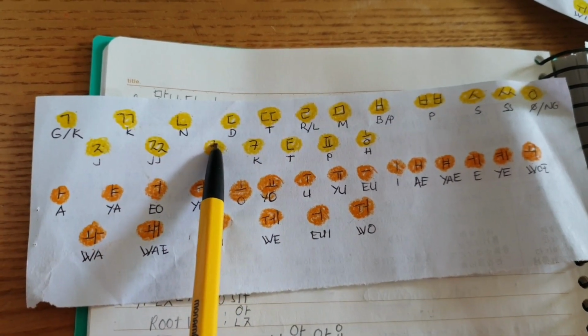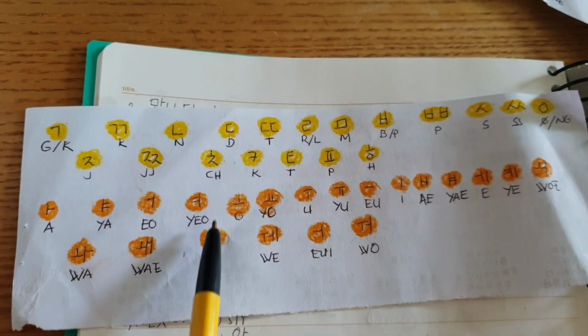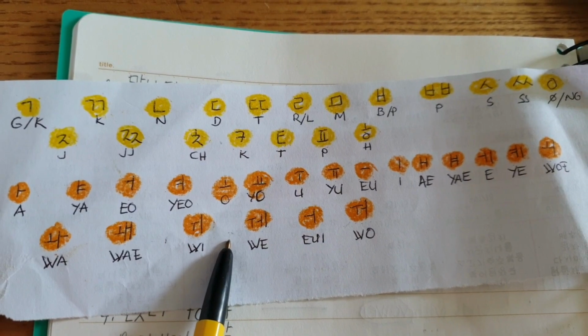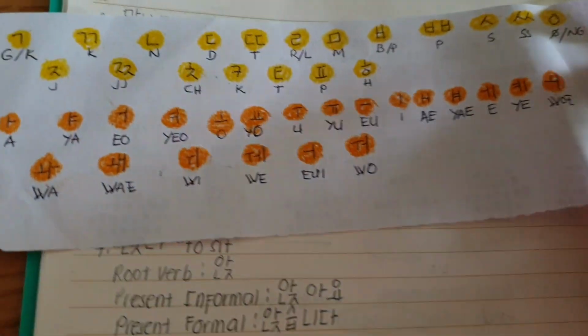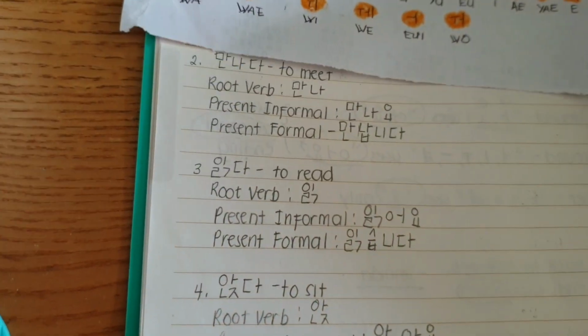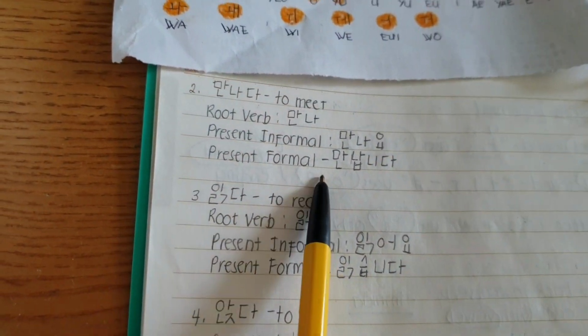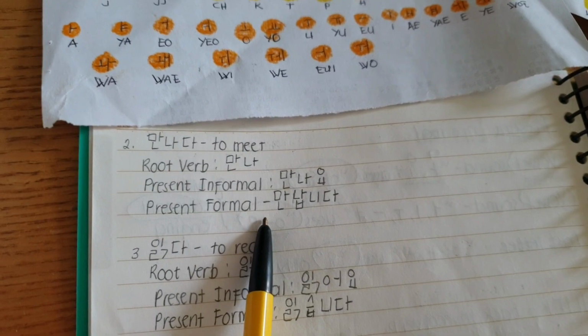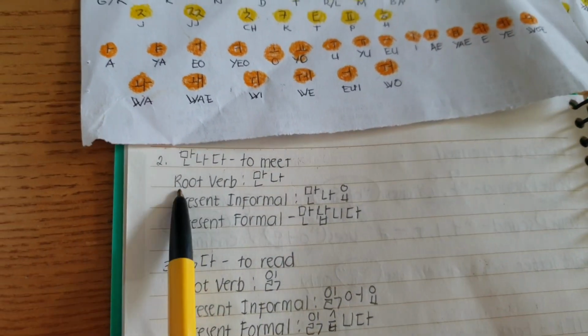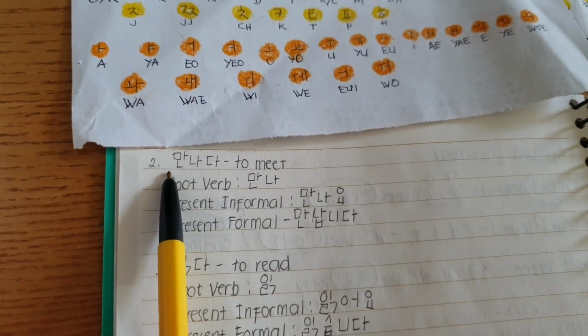The upper portion is the consonants, then the lower portion is the vowels. So if you have this one, you can spell this or make this to its English romanization for you to read. So here is an example.